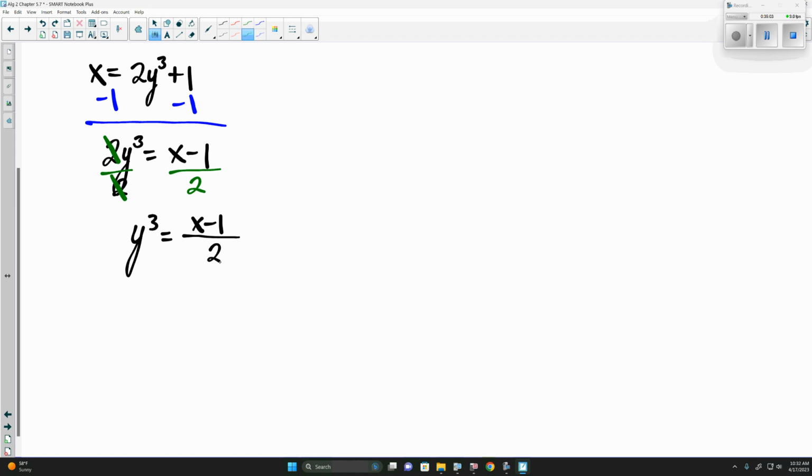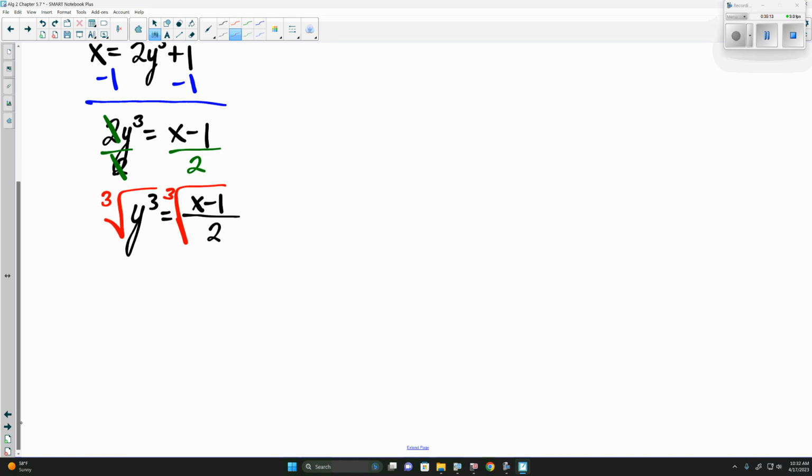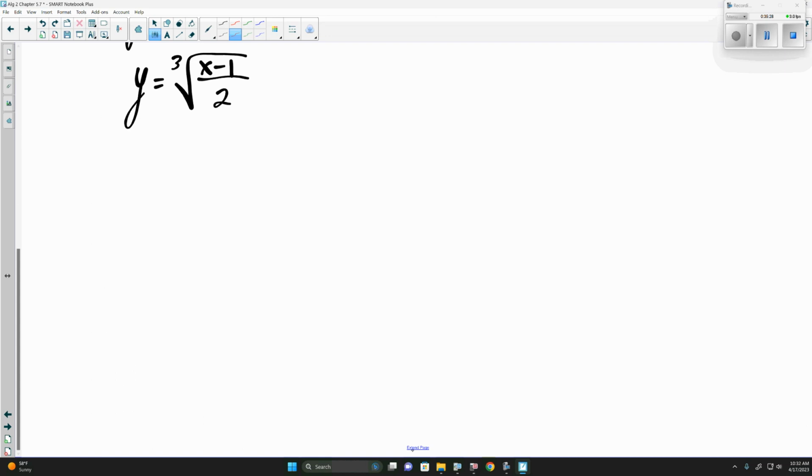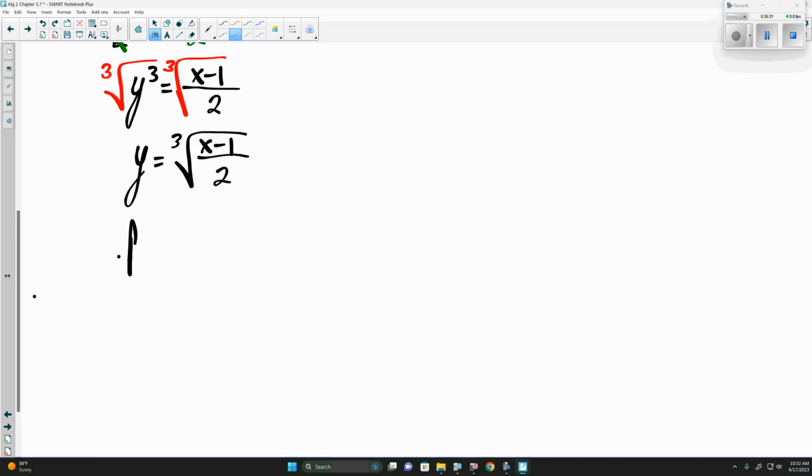And last but not least, we take the cube root of both sides, telling us that y is equal to the cube root of x minus 1 over 2. So we do have y by itself, which tells me that f inverse of x is equal to the cube root of x minus 1 over 2.